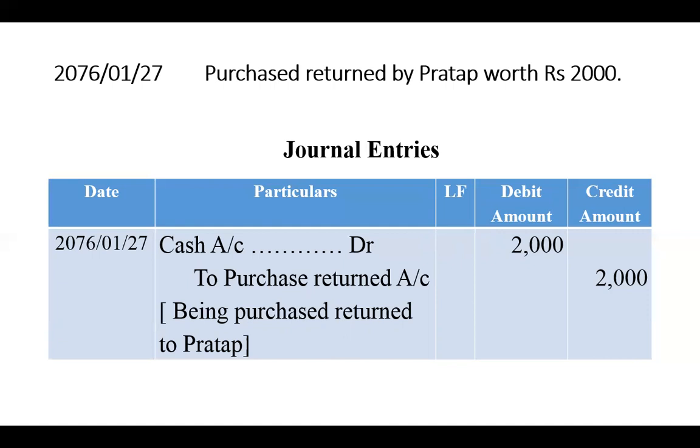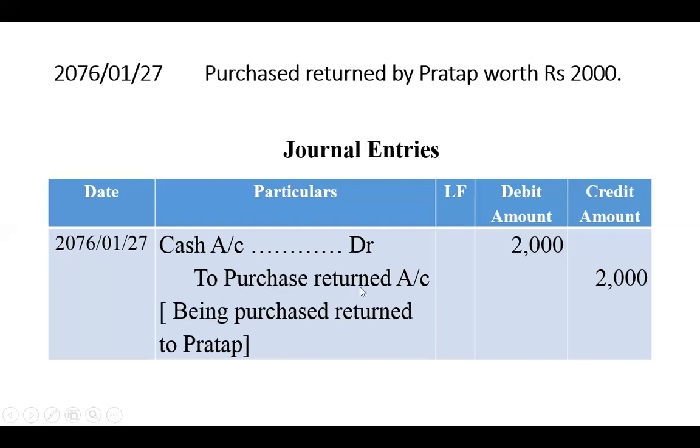What are you going to get? You are going to get the money back, isn't it? After returning the goods, you get cash. If you get the cash, that thing should be written in the credit side. This is not an expense, this is money received. So purchase will be in the debit side, purchase return will be in the credit side.